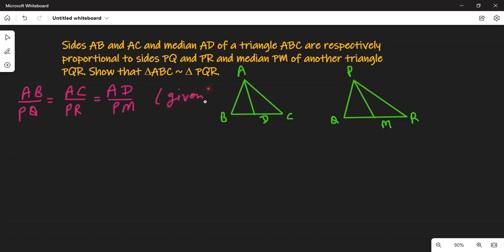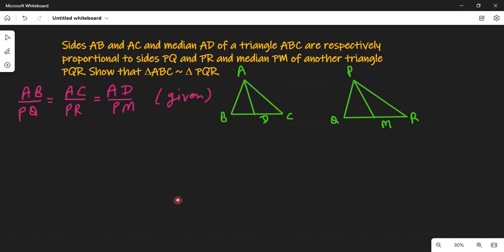I think this is the only thing given, and we are given these two figures, triangle ABC and triangle PQR. We have to prove them similar. Two sides are already in proportion: AB and PQ are in proportion, and AC and PR are in proportion.